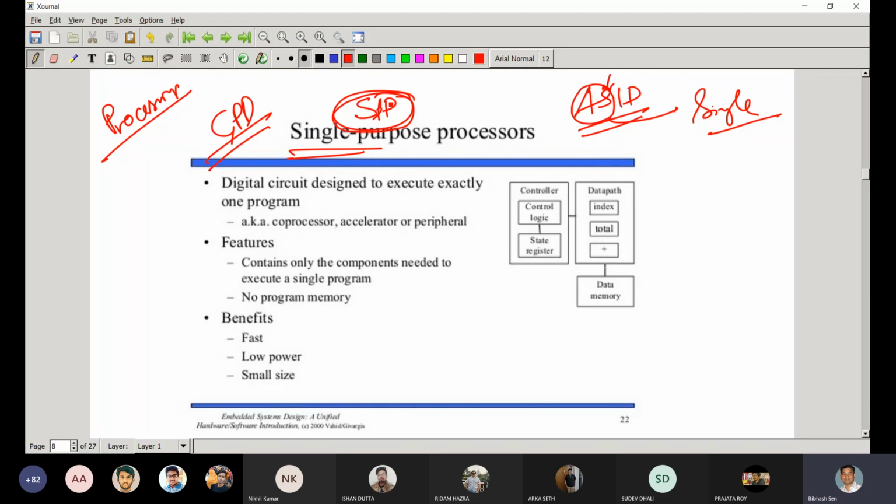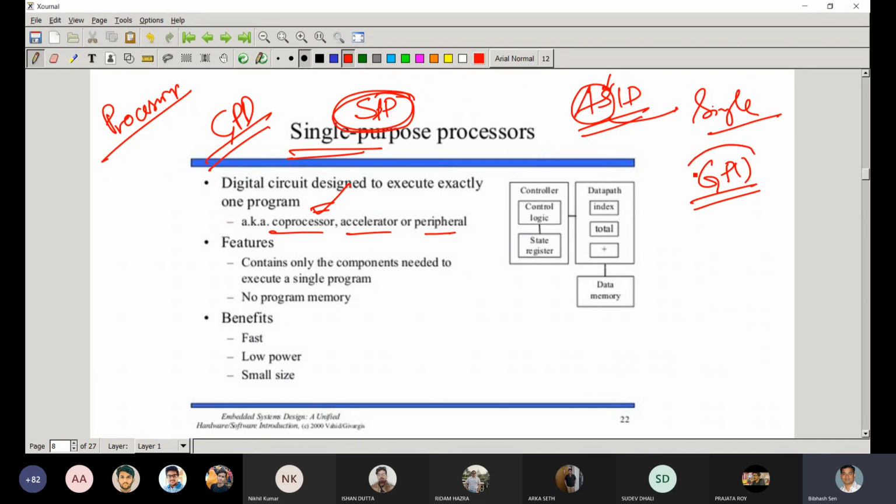If you have some processor that you design for a program, that is a very important thing, because after these classes we'll start designing processors, how to design a processor. If you design it, then the fabricating unit will follow your design. Mostly co-processors, accelerators and peripherals are single purpose, because your GPU is the best example of a co-processor.